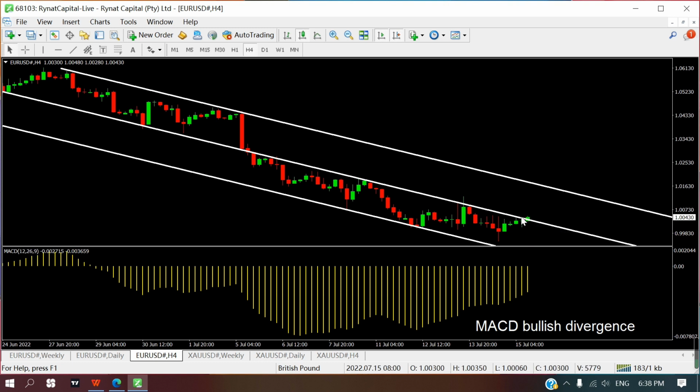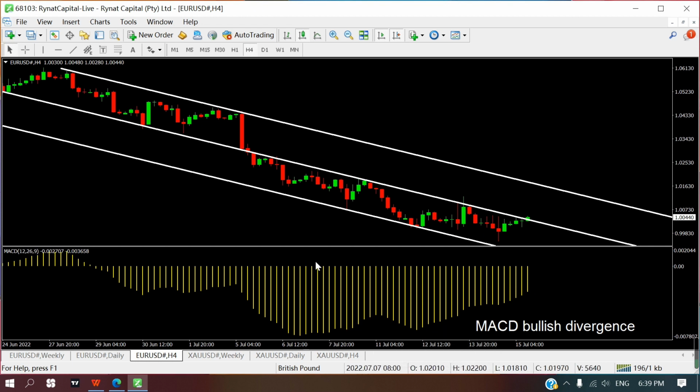If this is a completed candle, then this is a true breakout. Then the price may reach the upper line here, so it has higher space to go up, right? If this is a true breakout, I'm not sure yet, but we pay attention to this area. This is the MACD.